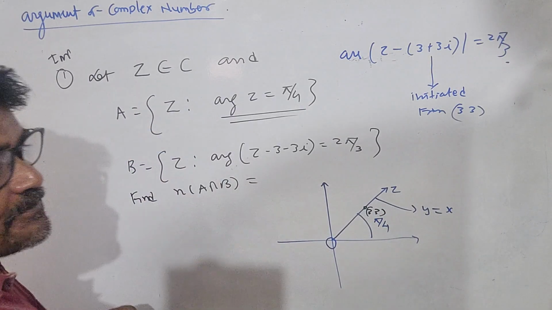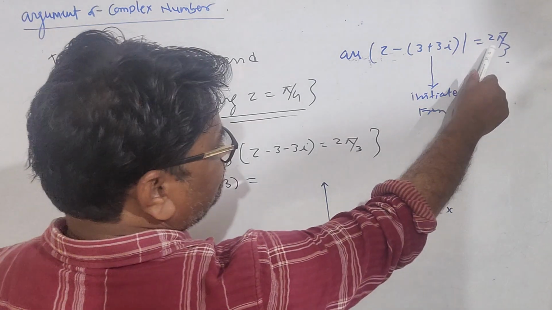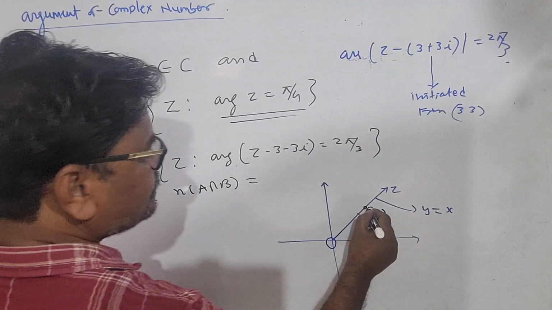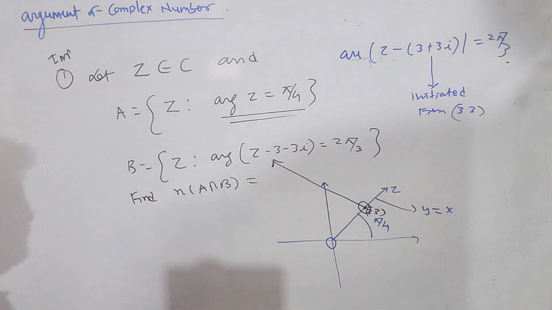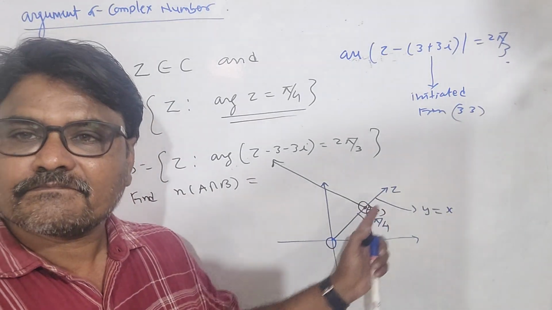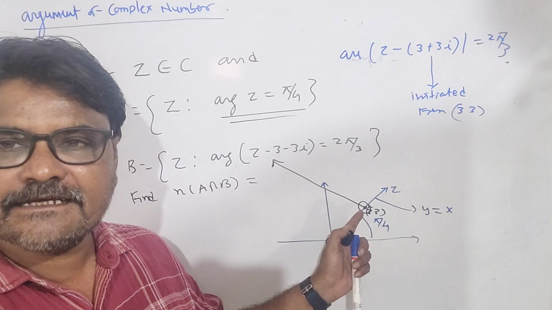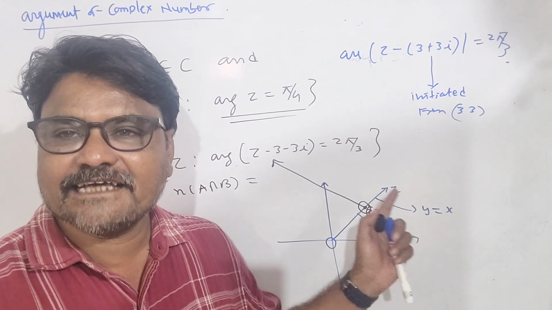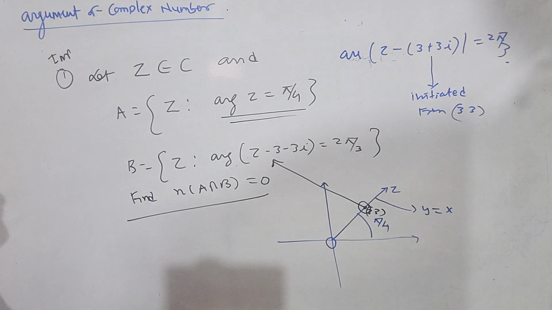So from here we have to draw the ray. What is the argument? 2 pi by 3, which means 120 degrees. It will go into the second quadrant, so it is something like this ray. But this point is not included. So (3, 3) is lying on the first ray, but (3, 3) is not lying on this ray. Therefore there is no complex number which is common to both A and B. So n of A intersection B is 0. Got it?